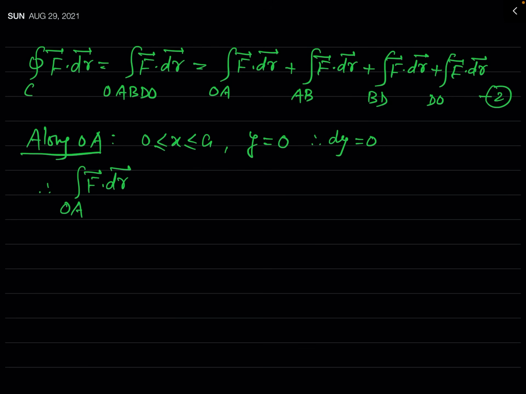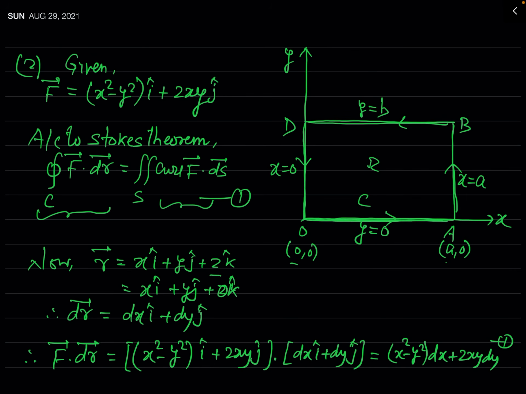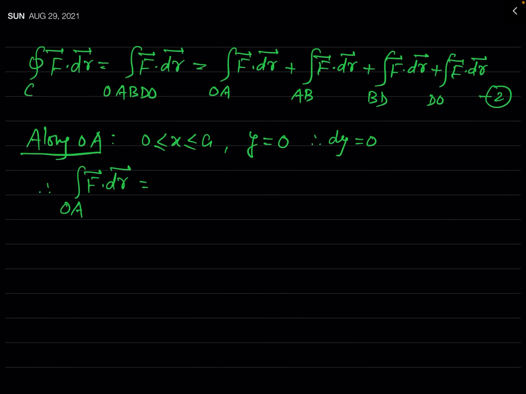And so you can see what will be the integral of f dot dr along the path OA. See the expression for f dot dr. This is x square minus y square dx plus 2xy dy. Since dy is 0, the second term will be 0, and y is also 0. So the first term will be simply x square dx. So this integral may be written as simply the integral of x square dx.